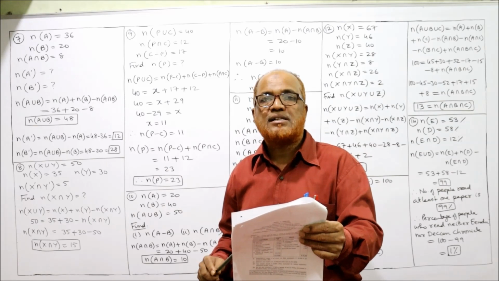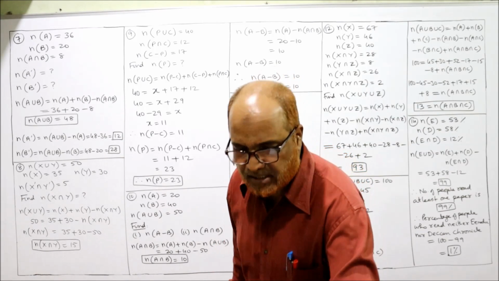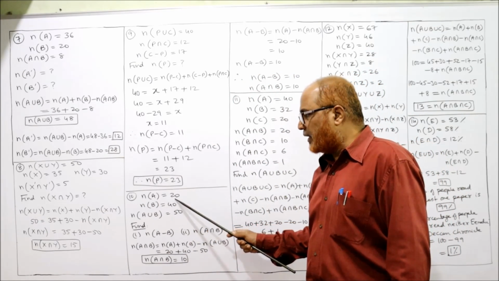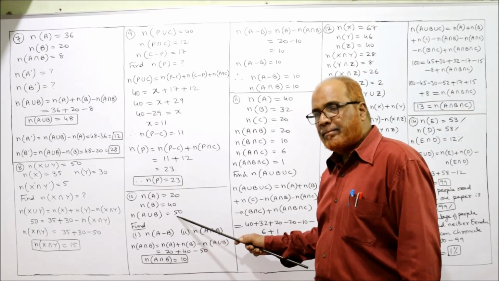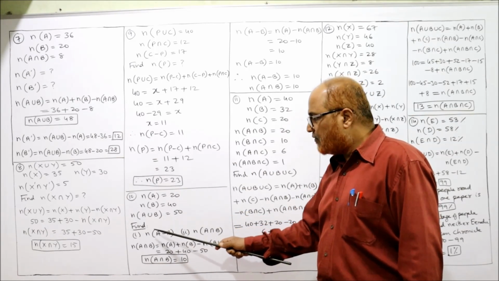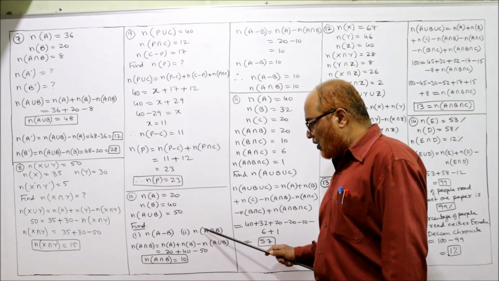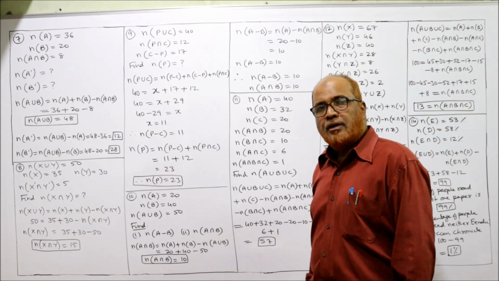First, number of elements in A minus B and number of elements in A intersection B. That's it. Now see, first of all I am writing the information. N of A 20, N of B 40, N of A union B 50. This is the information given. And what we have to find out is N of A minus B and also N of A intersection B. These two items we have to find out.